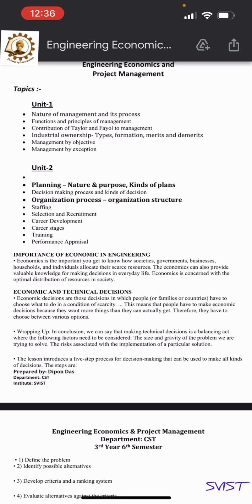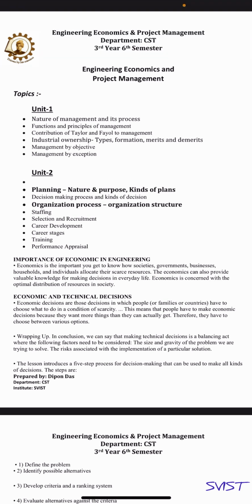The next part is management by exception. There are certain conditions or circumstances where we need to take certain options which are off the book. Off the book, I mean outside the certain criteria which we generally consider in a particular role or in a particular hierarchy system.